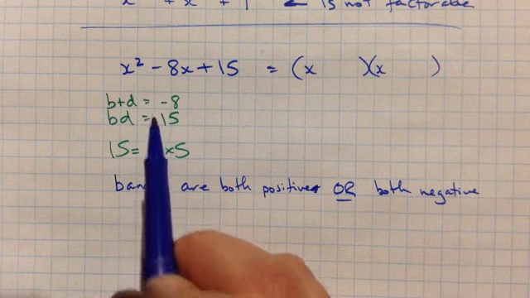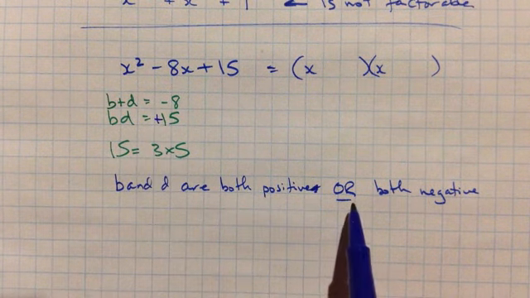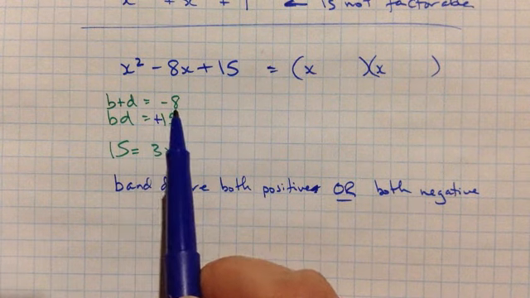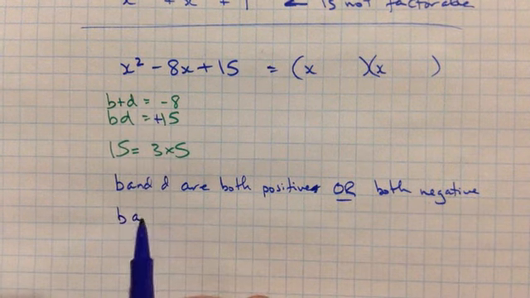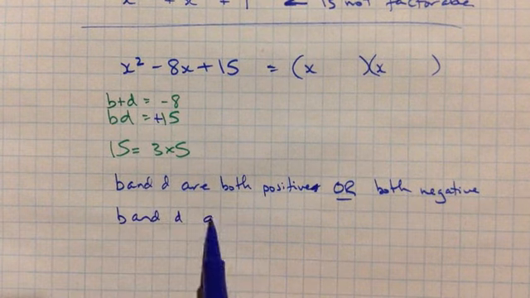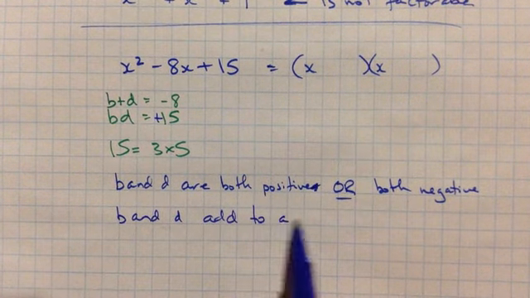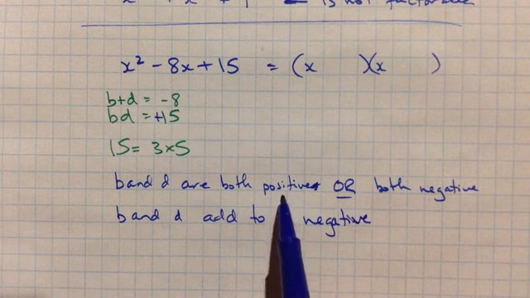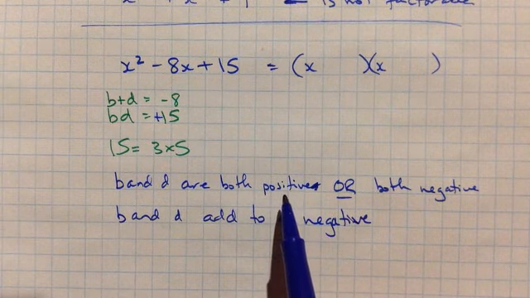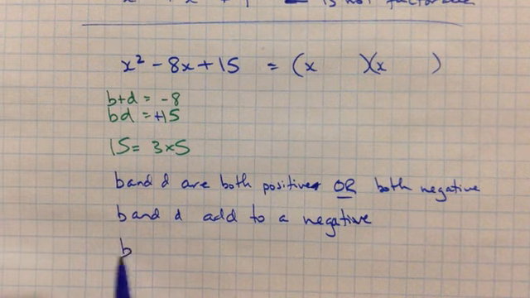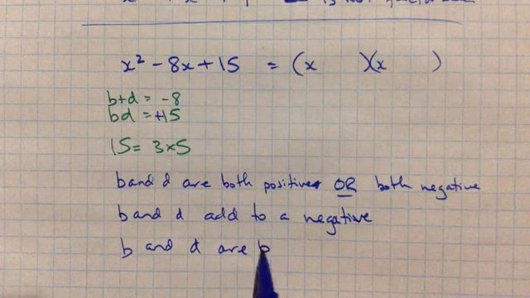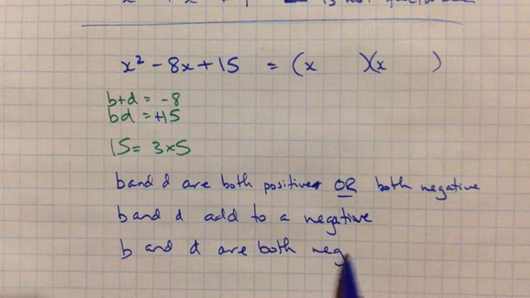It's positive 15. So they're both positive or they're both negative. And they add up to a negative number. So b and d add to a negative number. So if you get two positive things and add them together, you're going to get a positive number. So b and d, therefore, are both negative.